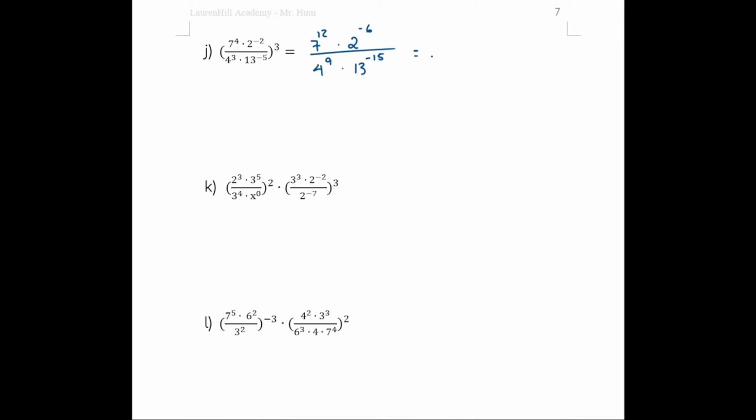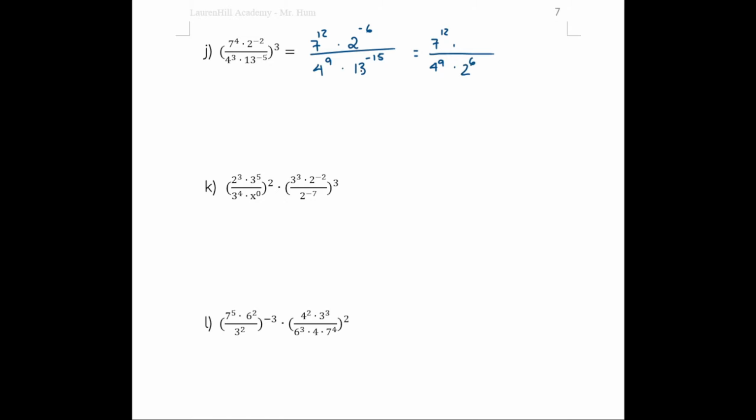Okay, so let's draw a little fraction here. Here we have a positive exponent, so we'll leave it where it is. Here we have another positive exponent, we'll leave that where it is. Now, this 2 to the minus 6 has a negative exponent. It's in the numerator. We don't want a negative exponent, so we take it from the numerator, flip it down to the denominator, and change that negative 6 to a positive 6.